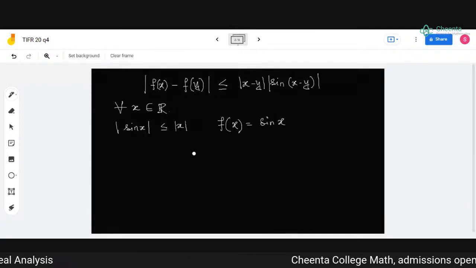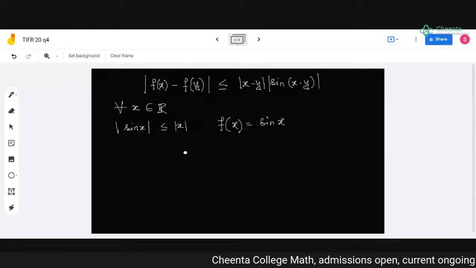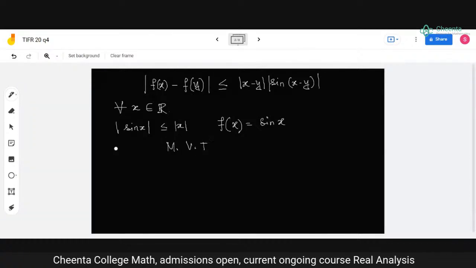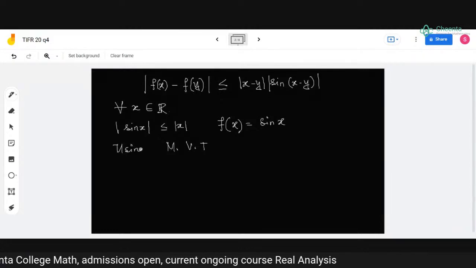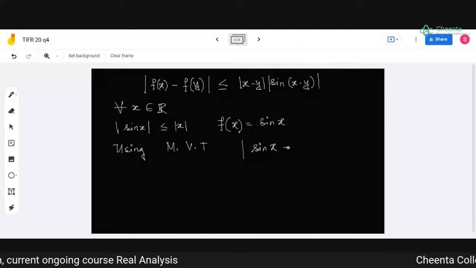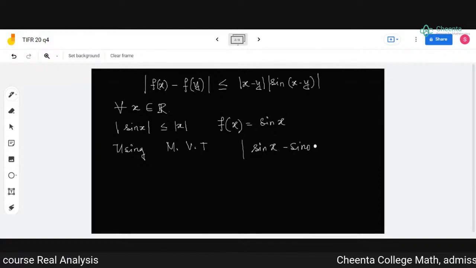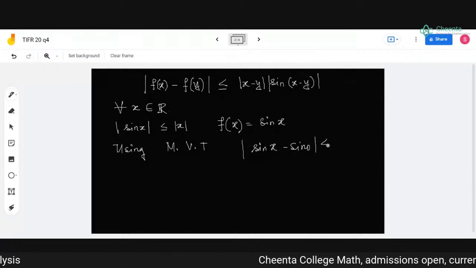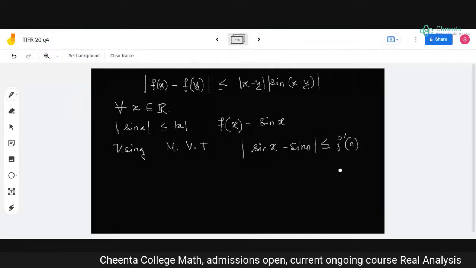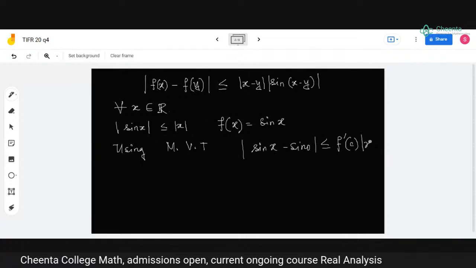All right. So then, by using the mean value theorem, you can get this, that sine x minus sine 0 is less than or equal to some f prime c into mod of x minus 0.